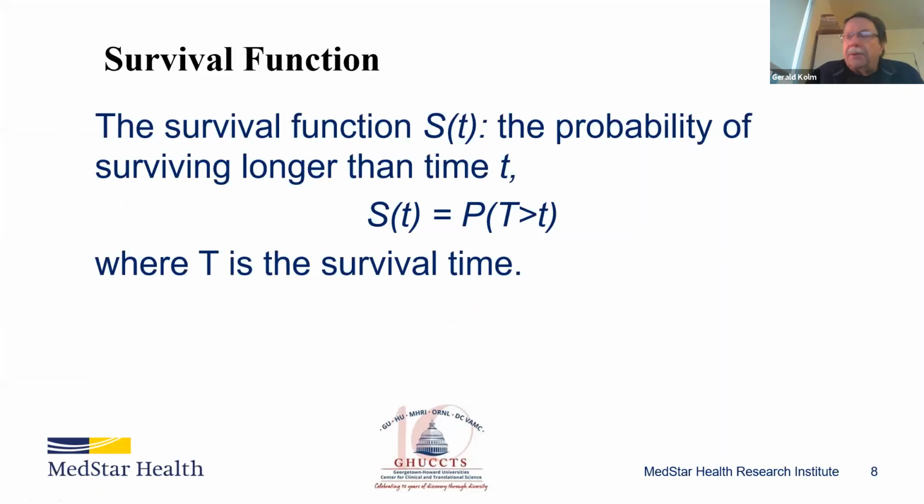Okay, so the survival function is just the probability of surviving longer than some time t. And so if S of t is our survival function, then it's basically the probability, at a point in time t, of surviving longer than that.